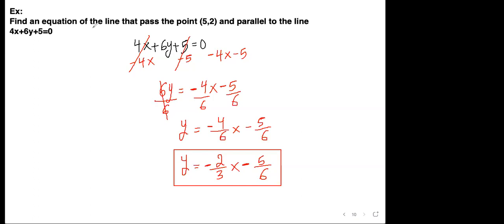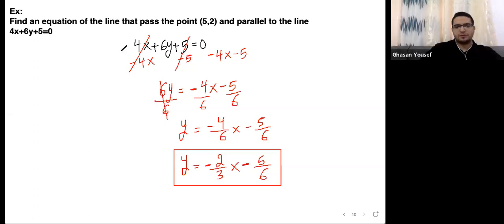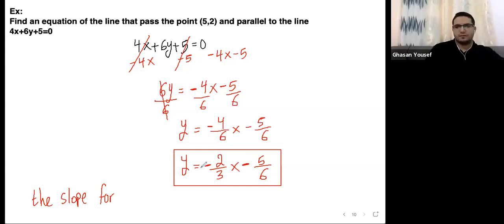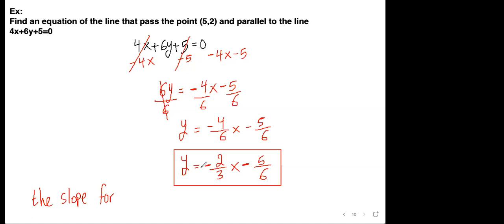And the equation we have is for the given line. You know the slope of a perpendicular line would be the negative reciprocal, and you use the point to plug into the equation to find the line.